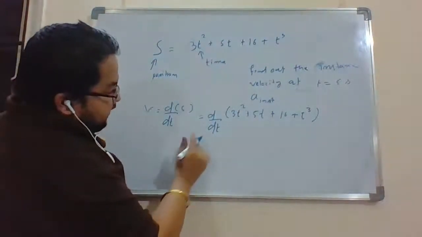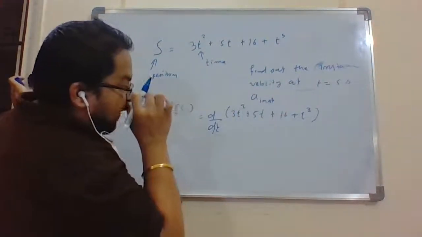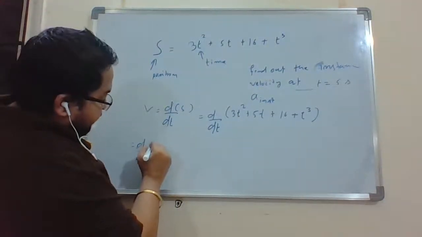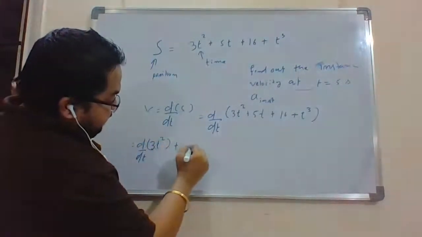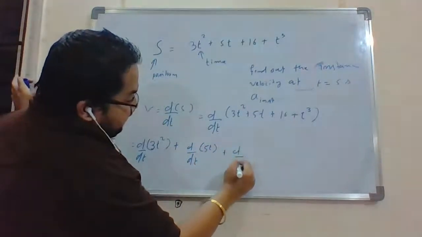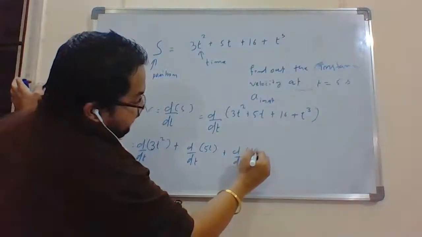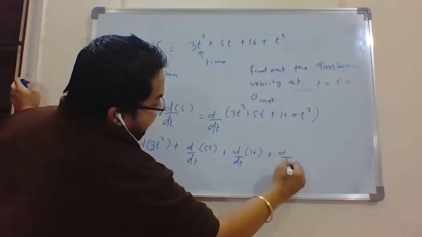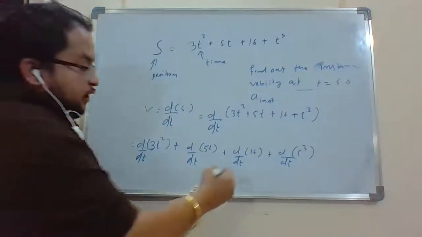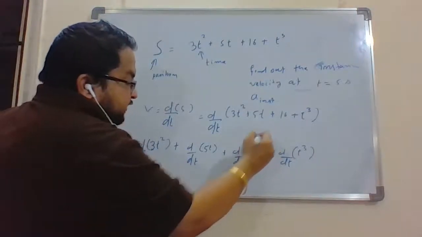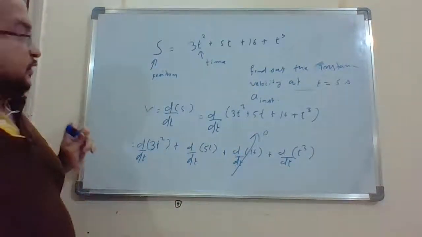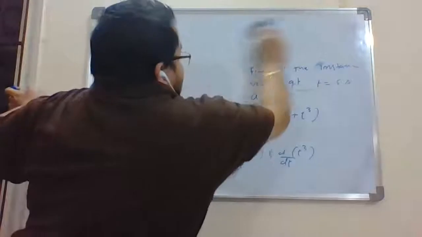All these are added with plus sign, so I can separate them out: d by dt of 3t squared plus d by dt of 5t plus d by dt of 16 and d by dt of t cube. Now let's start solving. We know the derivative of a constant is 0, and in other cases, we have constants which we take outside of the derivative.